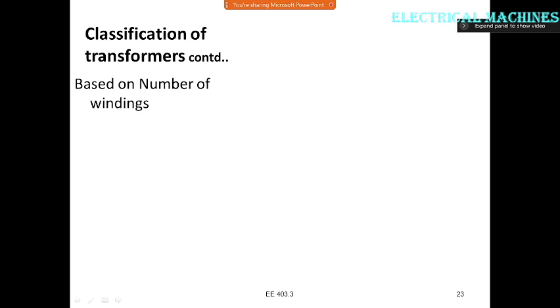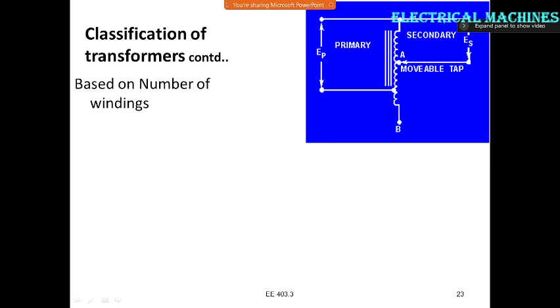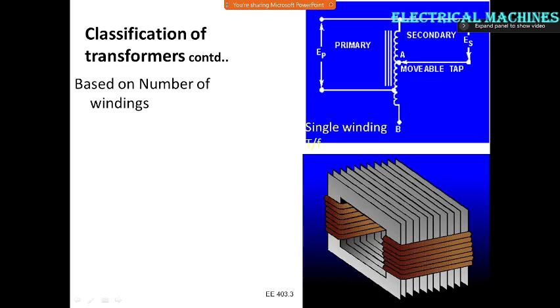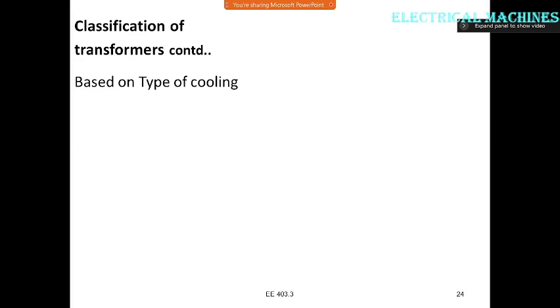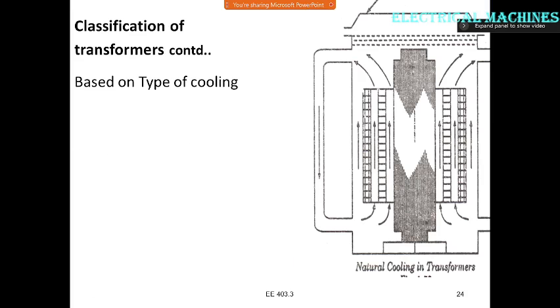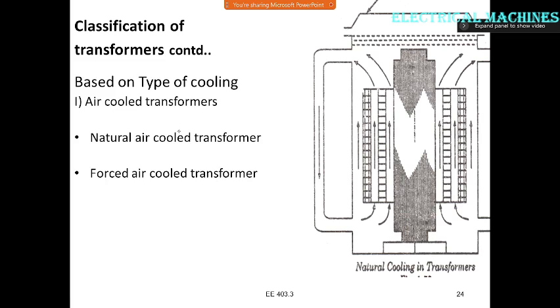Next, based upon the number of windings, we have the single winding transformer and multi winding transformer. Then, based upon the cooling, which type of cooling you are giving: natural cooling or forced cooling, air cooled. In air cooled we have the natural air cooled transformer and the forced air cooled transformer.